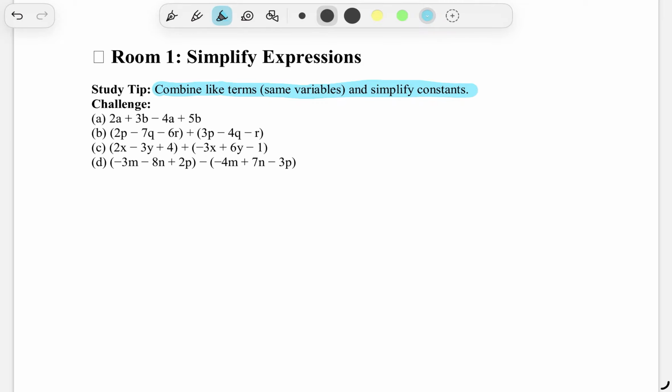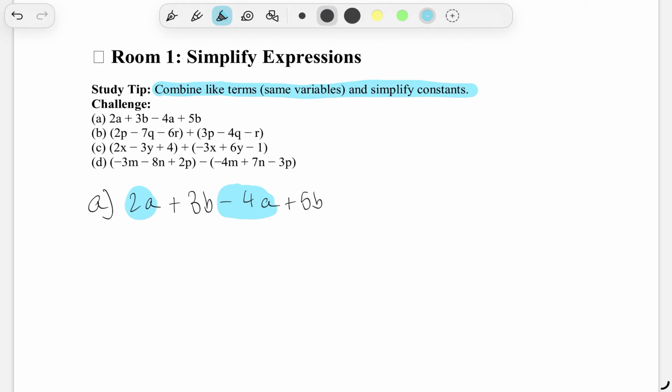If we go with A first, it's 2a plus 3b minus 4a plus 5b. If we grab our highlighter, the terms I already see at first are 2a and negative 4a, we can't forget the negative.